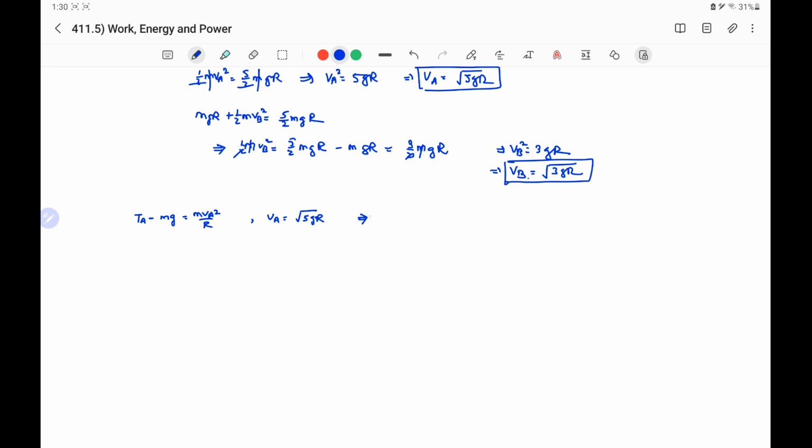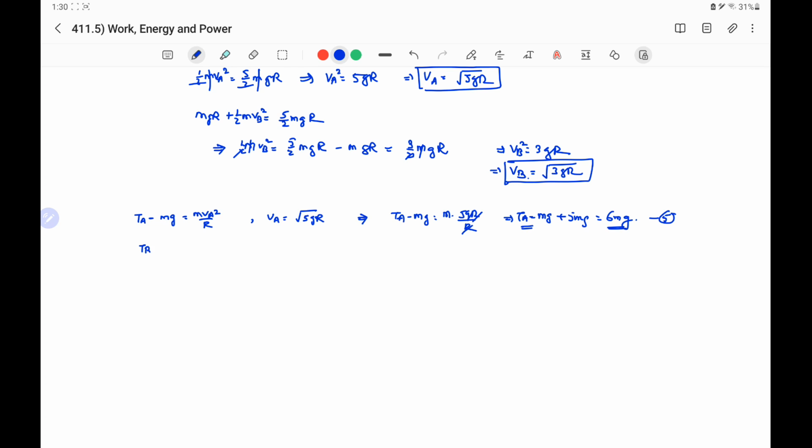Hence we can write TA minus mg equals m into 5gr divided by r. r and r get cancelled, or TA will be equal to mg plus 5 mg, that is equal to 6 mg. This is the equation number 5. This is the tension at the point A, that is the lowest point.